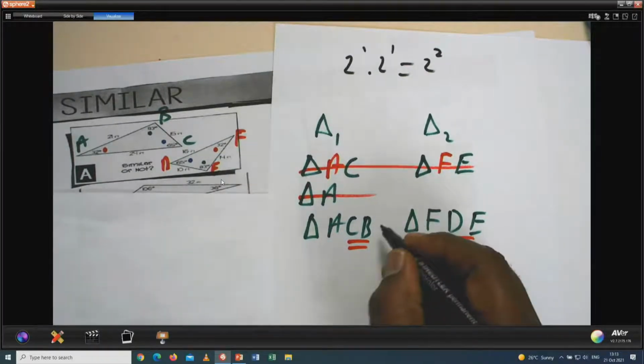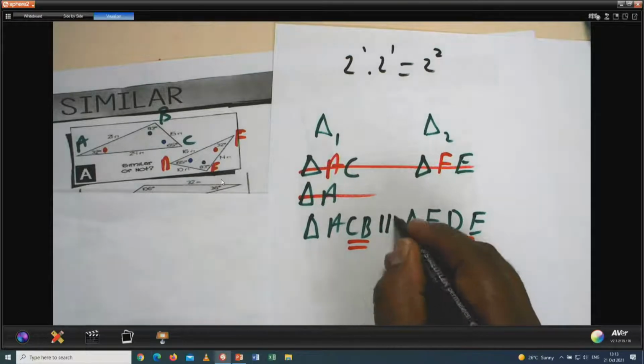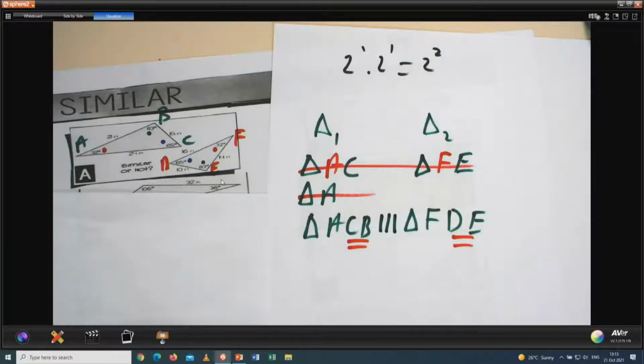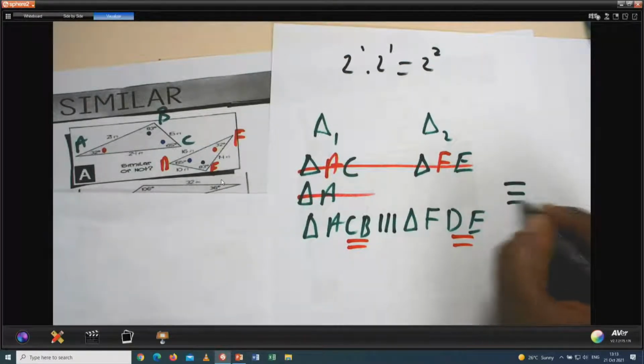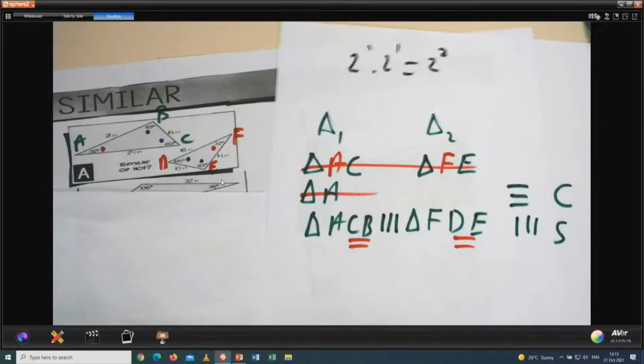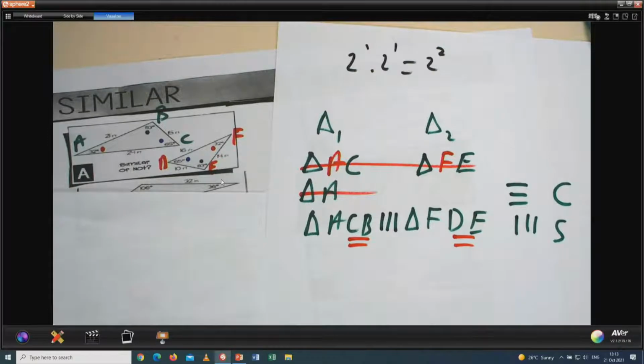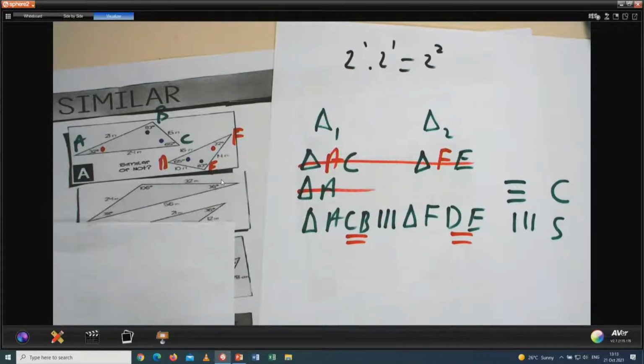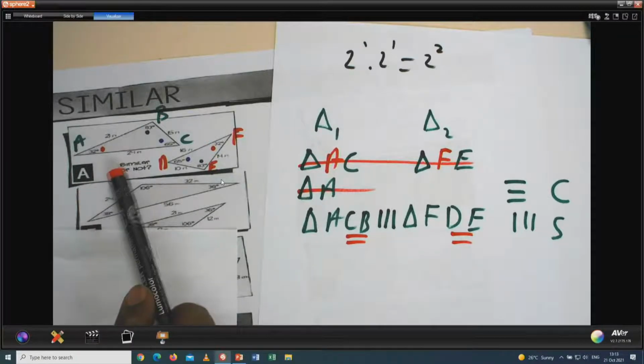Therefore, we use this sign to say they are similar. Remember congruency. Remember similarity. So that is very, very important. Which side are we going to choose now?